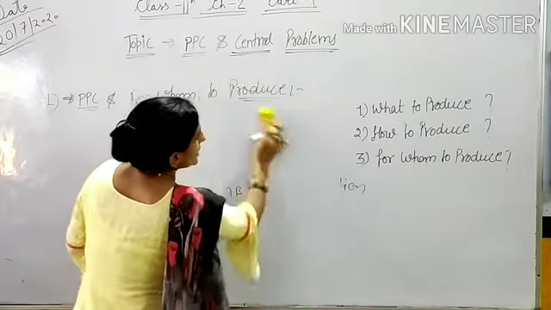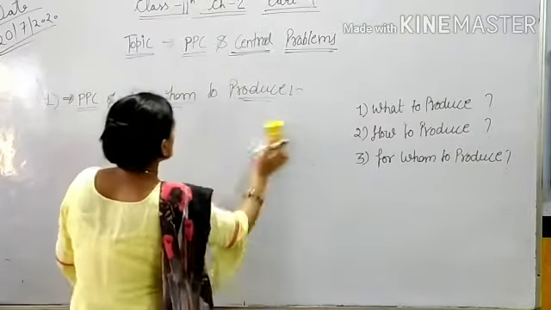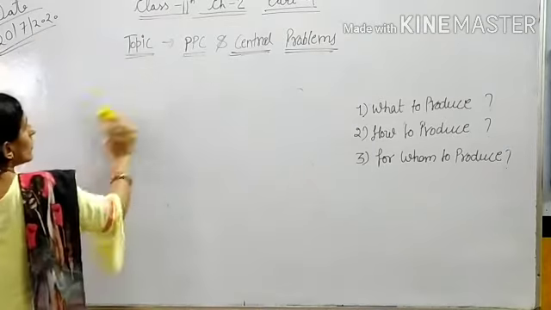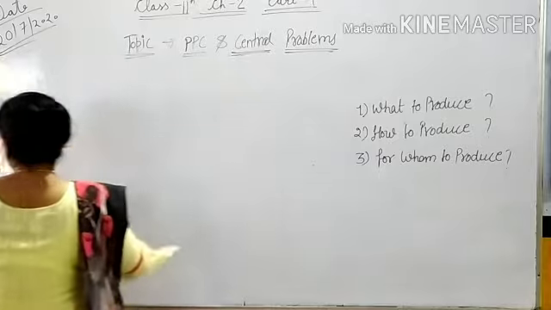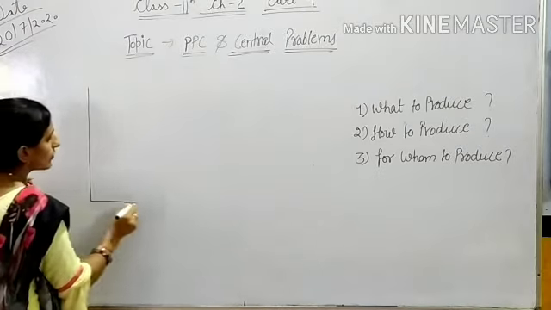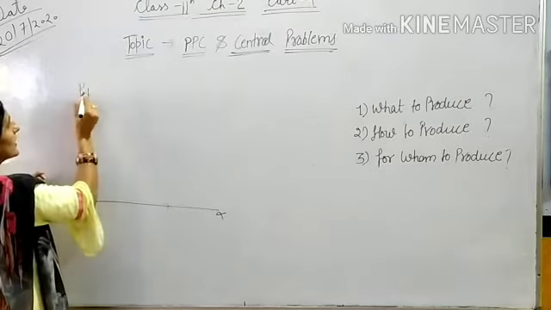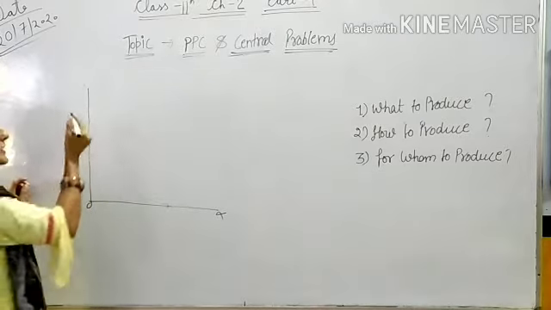We have discussed the three problems with the help of the PPC: what to produce, how to produce and for whom to produce. Now we will study the PPC and growth, the growth of the country or growth of GDP.